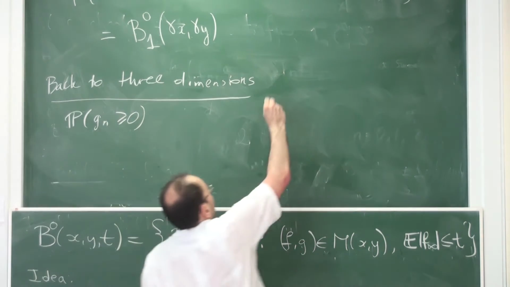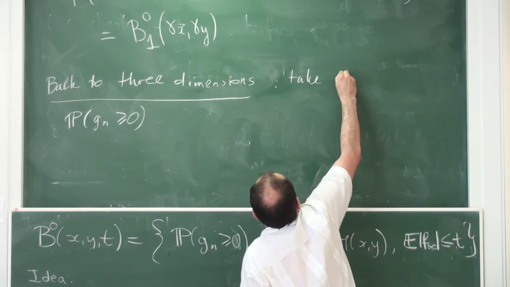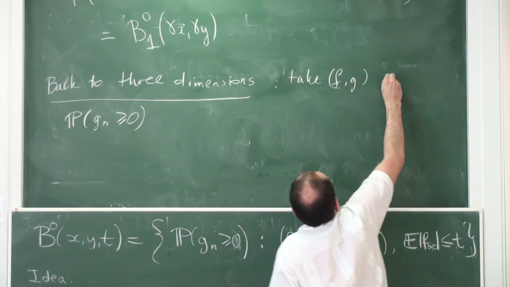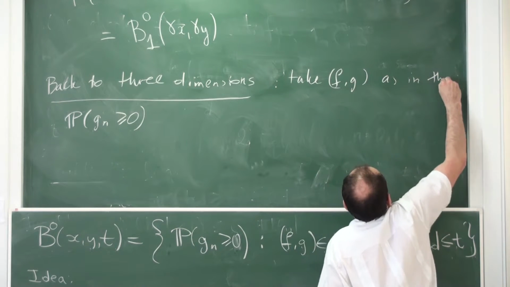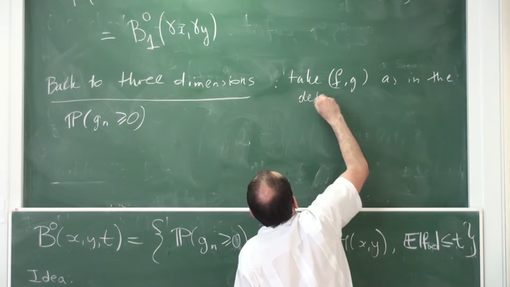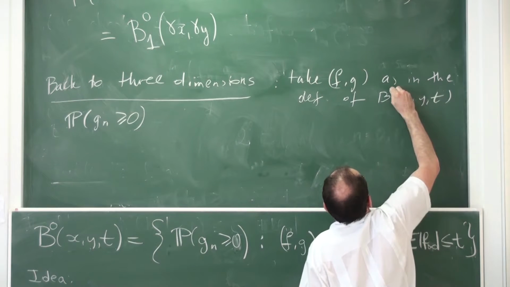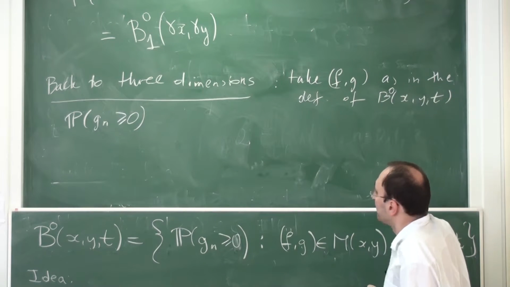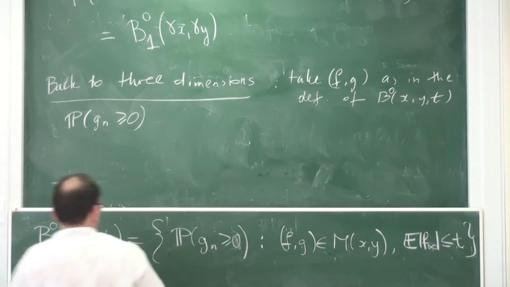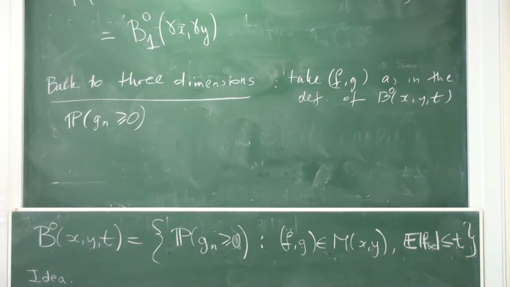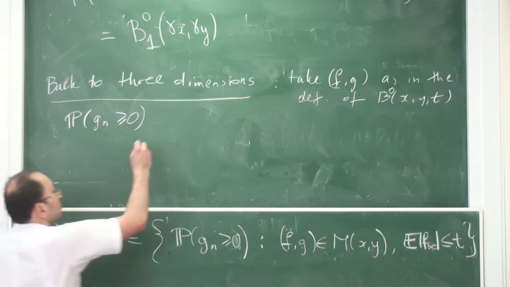So take Fg as in the definition of bxyt. And what do we do? We want to optimize this, to maximize this probability.